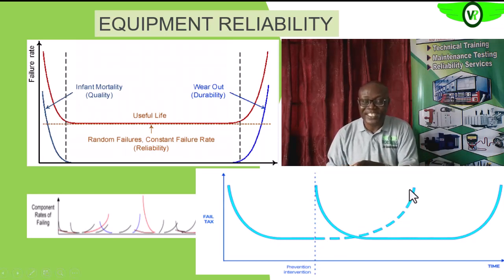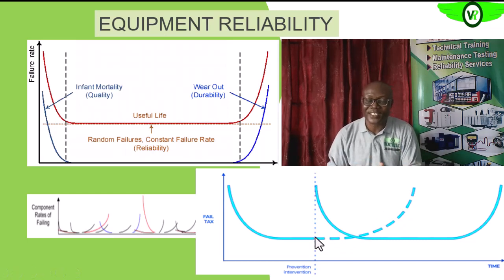Okay, let's take the bearing for example, or the carbon brush for example on your DC motor or generators. So they will feel that when you use this equipment for so much time, that component would have been going into the wear out stage.